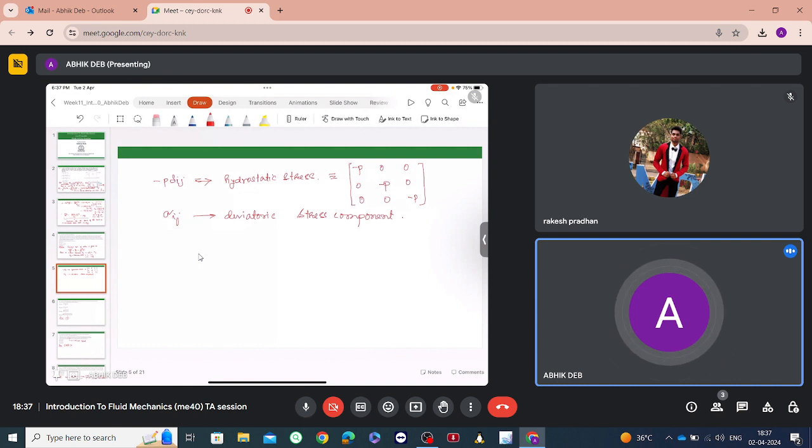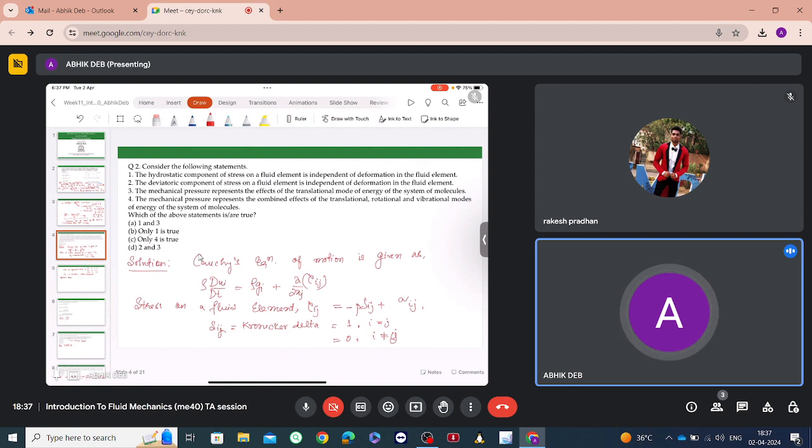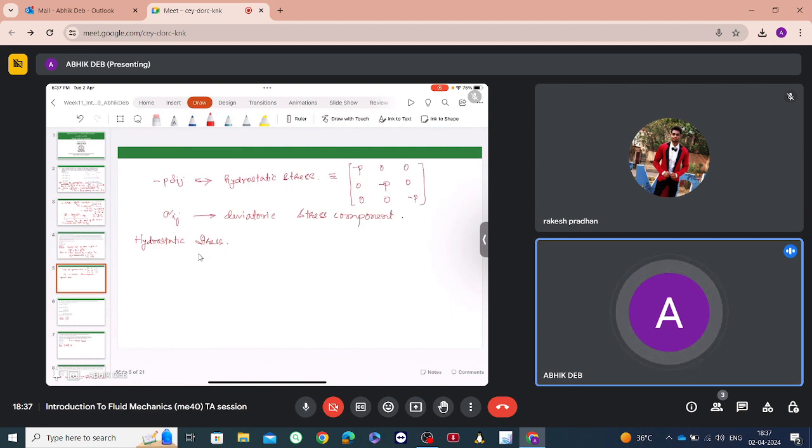This hydrostatic stress is independent of the deformation, because there is no deformation element shown here, right? Hydrostatic stress minus p delta ij is independent of deformation of the fluid element.